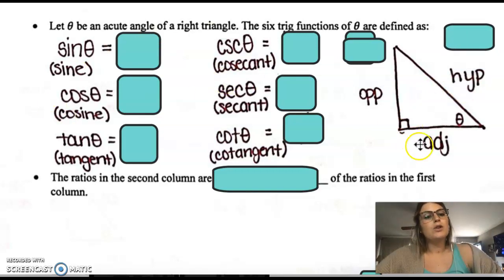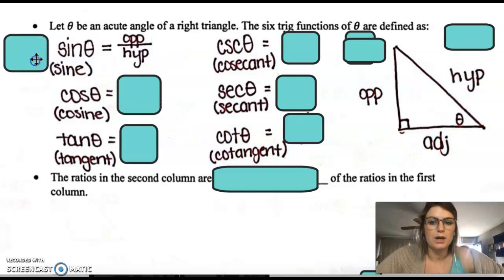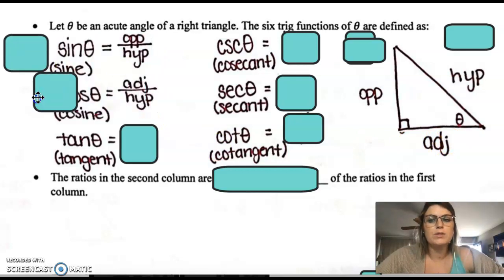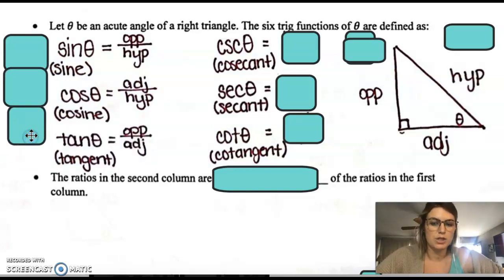Okay, so looking at this triangle, sine is opposite over hypotenuse, cosine is adjacent over hypotenuse, and tangent is opposite over adjacent. If you can remember these, and remember in the last video, if you watched it, I said SOHCAHTOA.